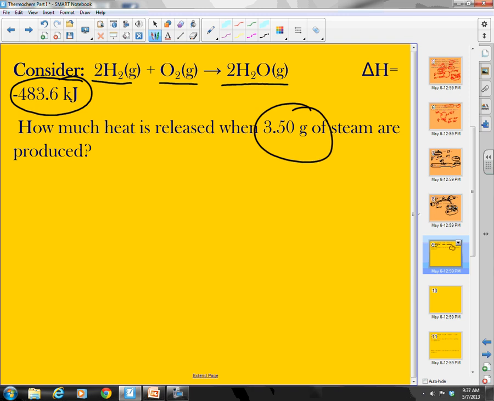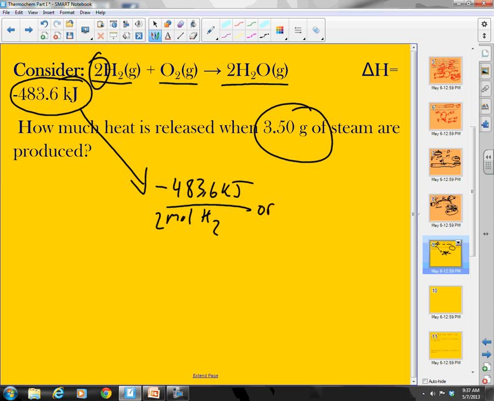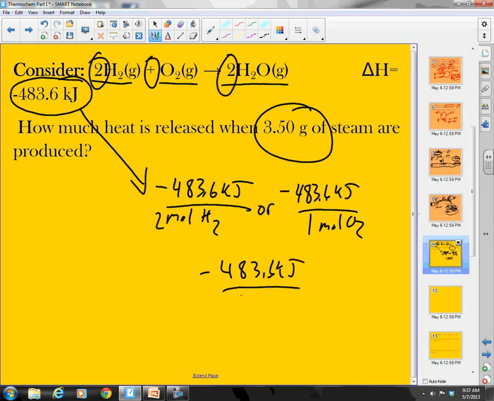Here's what you have to understand: this number really means negative 483.6 kilojoules per 2 moles of hydrogen, or per 1 mole of oxygen, or per 2 moles of water. That's what you have to understand, right?